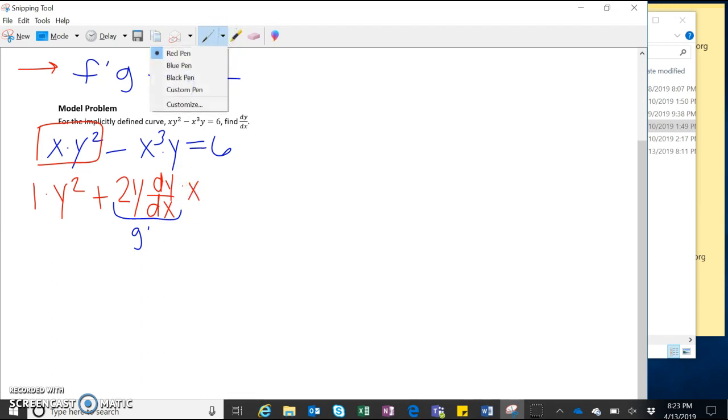I'm going to switch colors now because what I want to do is subtract the derivative of the x cubed times y, still utilizing the same product rule, on the second product that I see.